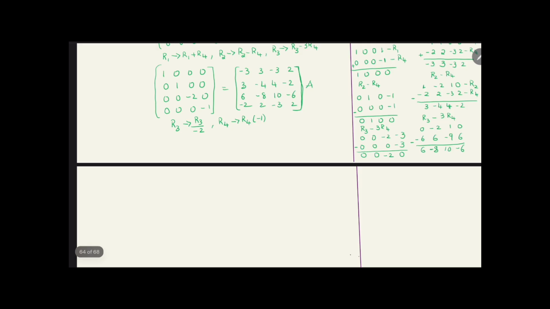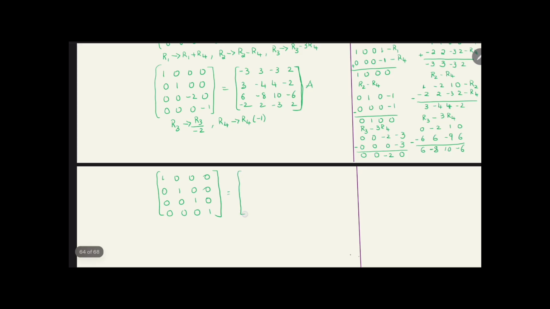Okay, now see here, 1 0 0 0, 0 1 0 0, 0 0, minus 2 by minus 2 it is 1, 0, and 0 0 0, minus 1 into minus 1, 1, is equal to. The same operation I should perform for the right hand side also.